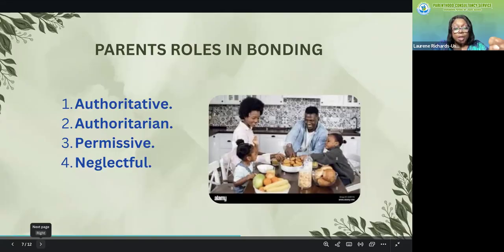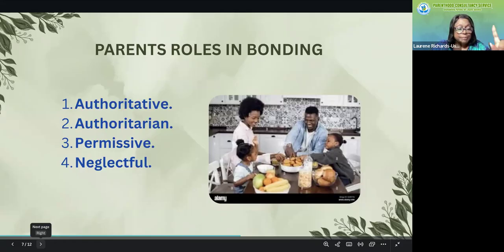So, let's look at the effect on the bonding from an authoritarian parent. It leads to anxiety and it also leads to avoidant attachment, because remember, the authoritarian, they are very strict, nothing gets past them, and they're going to do it without love.